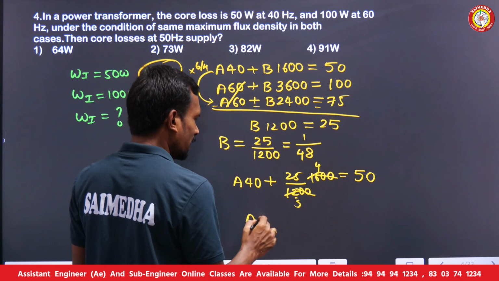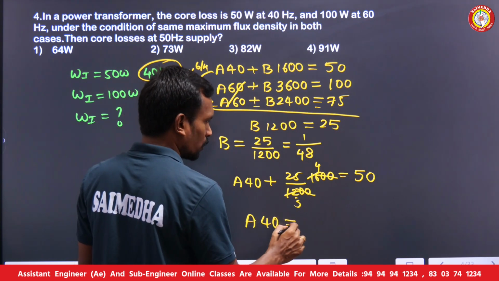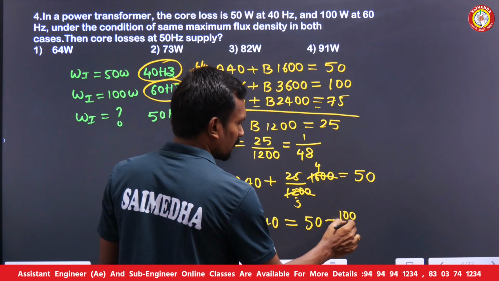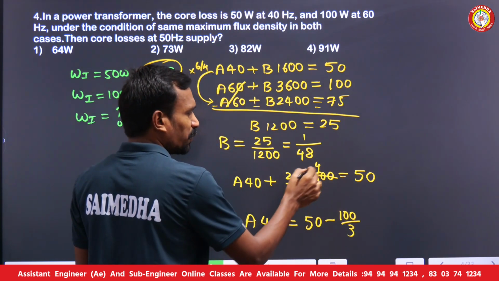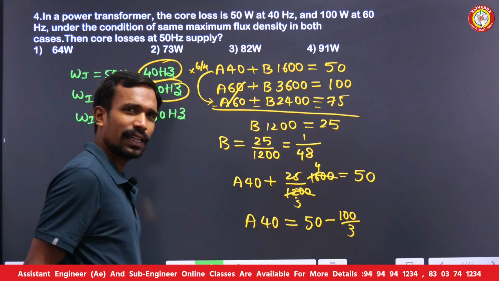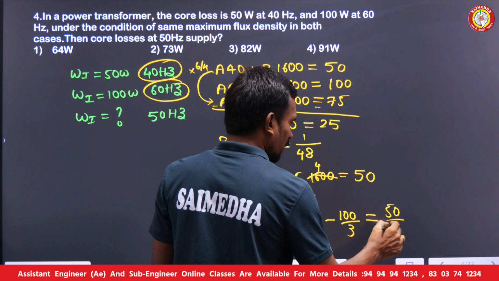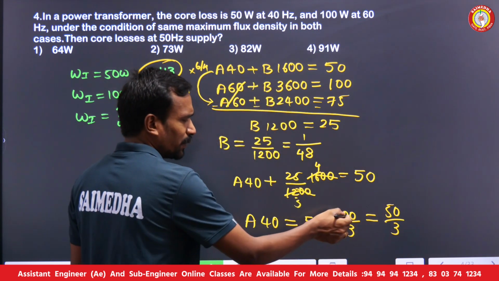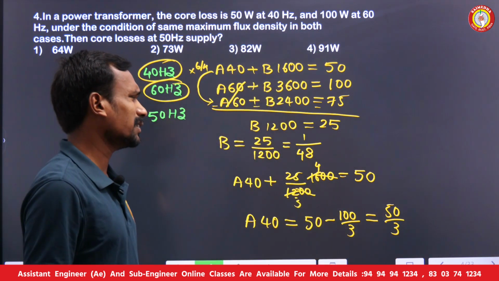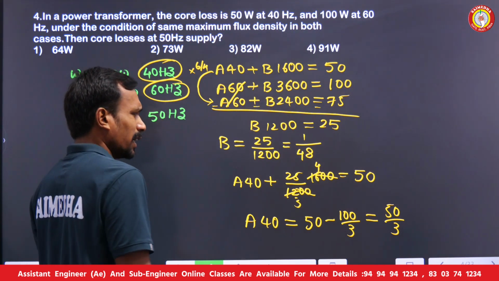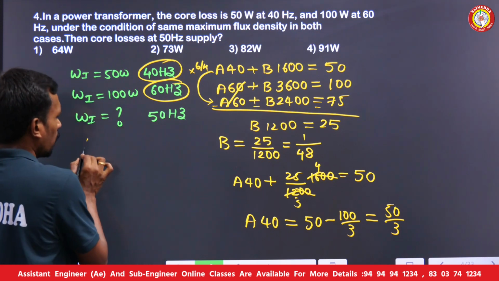So A into 40 is equal to 50 minus 100 by 3. 150 minus 100 is 50, so 50 by 3 will come here. So then A is equal to how much?